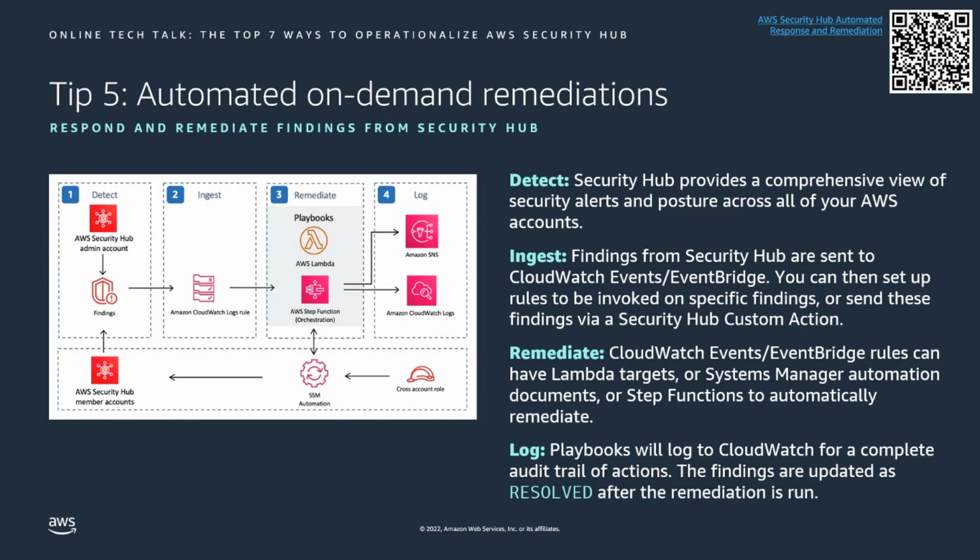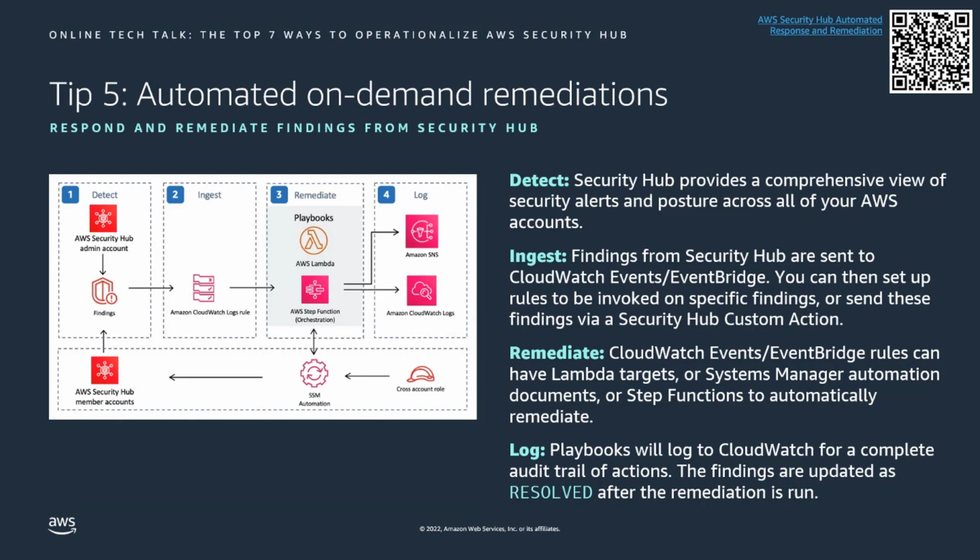And so this diagram will walk us through the various steps needed for on-demand remediation, starting with detect. We've talked about it a little bit before. Security Hub will gather all of these findings across your AWS organization, and then you can trigger CloudWatch Events rules to invoke Lambda functions or Step Functions for findings that are of interest.